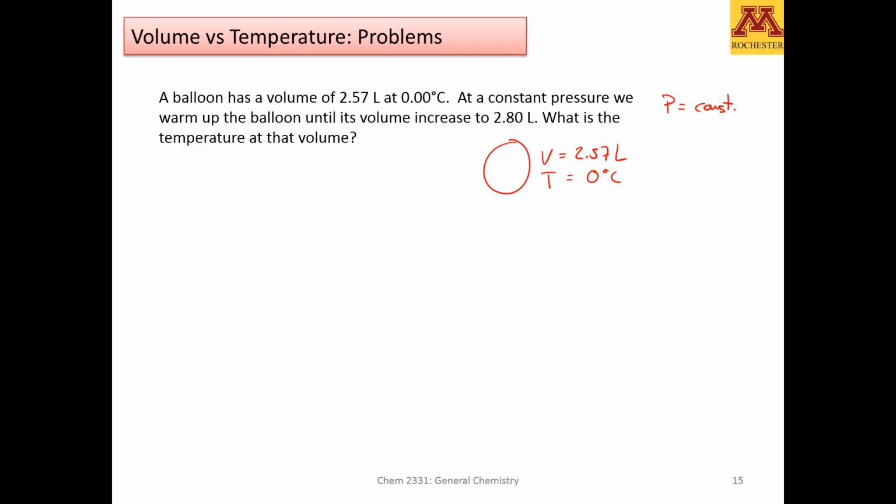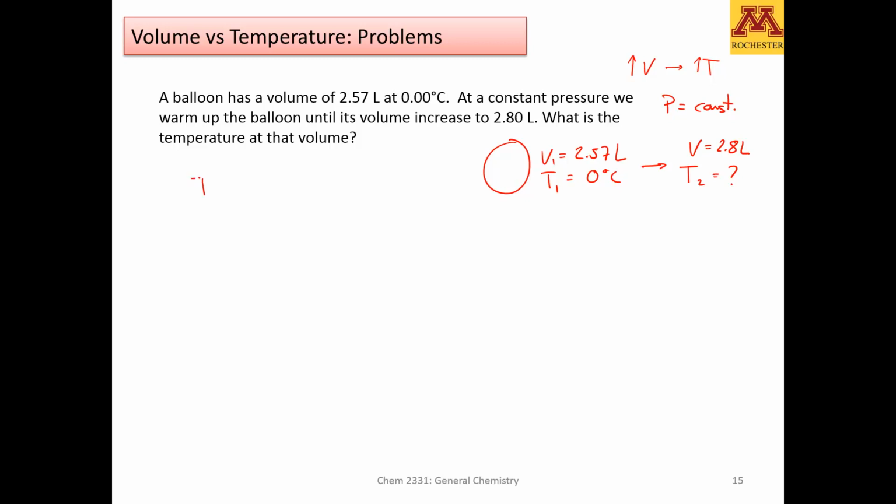We warm up the balloon, so volume 1 and T1, and then we warm it up to an unknown temperature until the volume is 2.8 liters. Now, does it make sense that if we warm it up, the volume is increasing? Yes, because that's Charles's law. If you increase the temperature, you're increasing the volume.